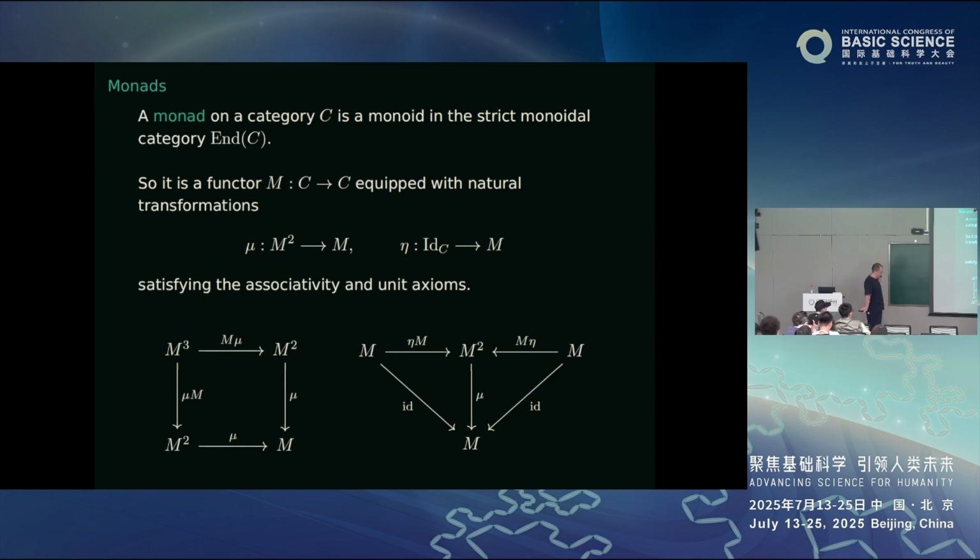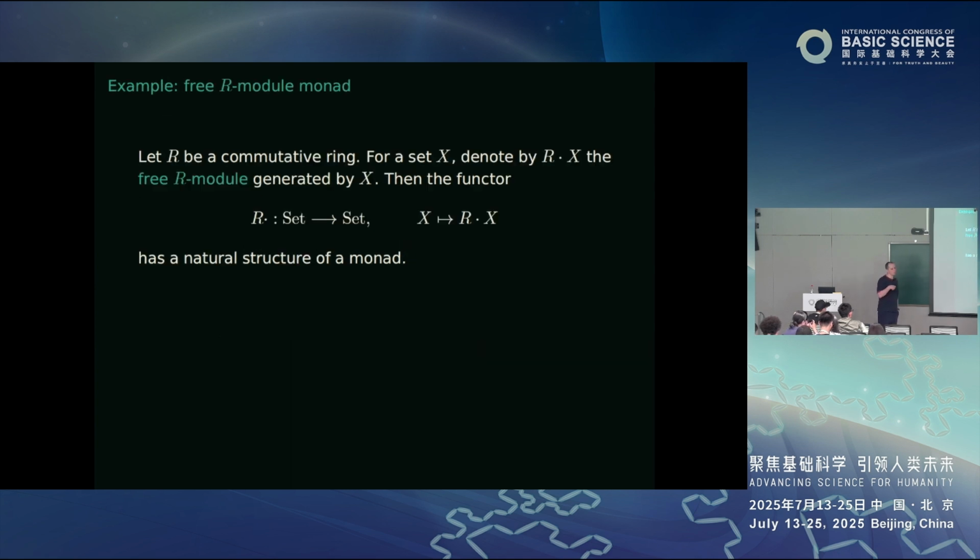Okay, this looks like a very abstract definition, but let me give you some simple examples of monads. You can take any ring R, but later we will always assume that R is commutative, so let it be commutative.